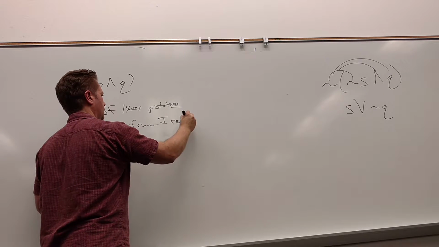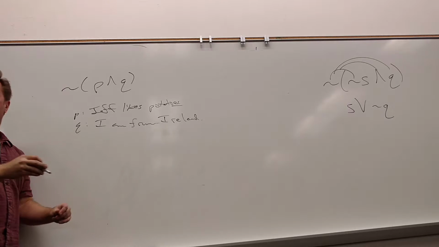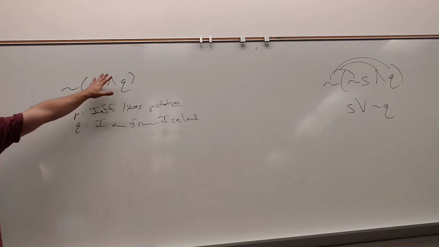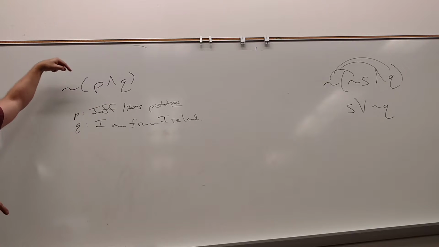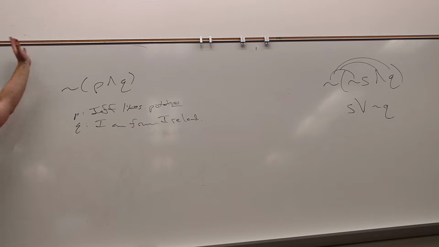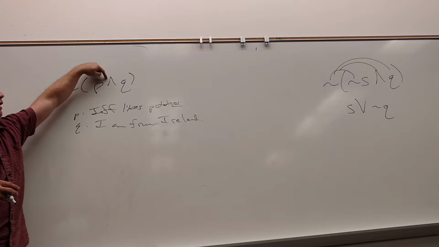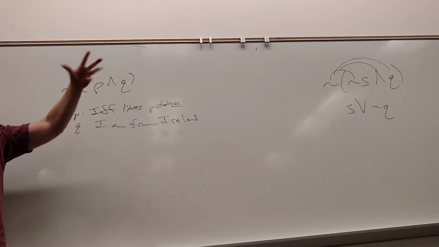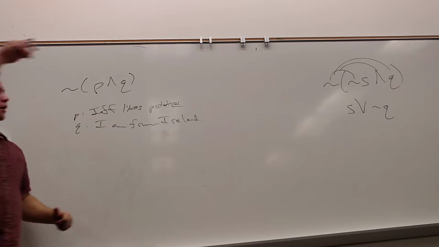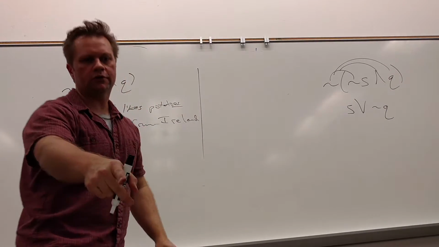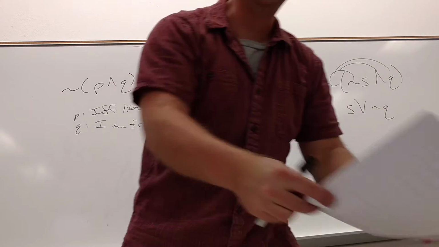How would you say this in English? This is important, and this is in the book a few places. It is false. Good, beautiful. It is false that Jeff likes potatoes and I am from Ireland. You with me? So, how do you write 4C in symbols?